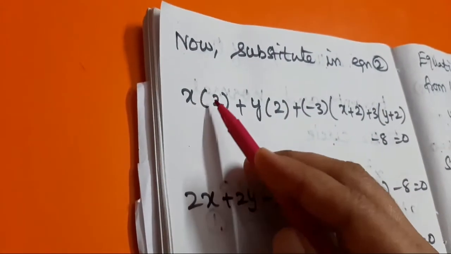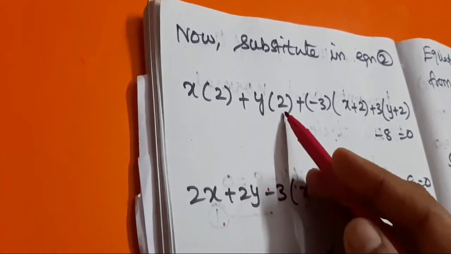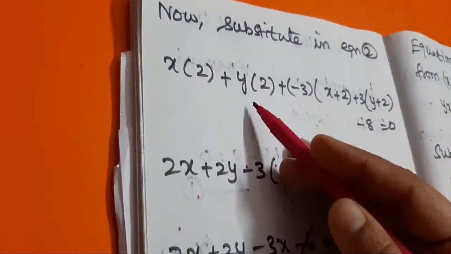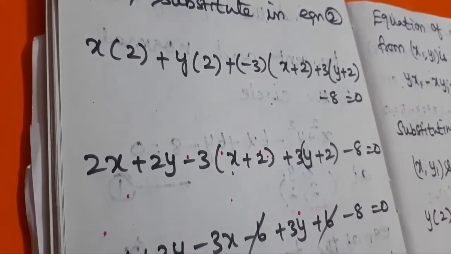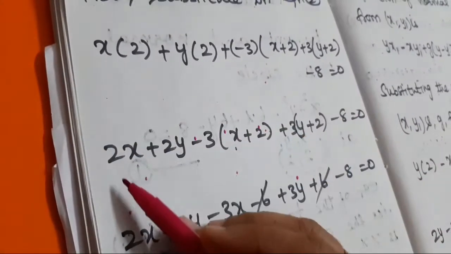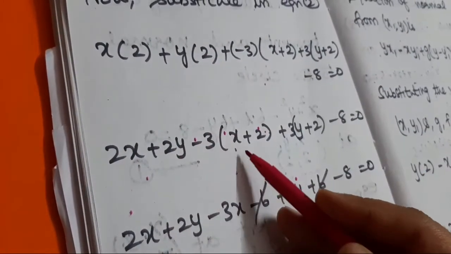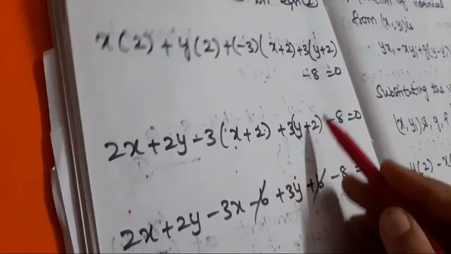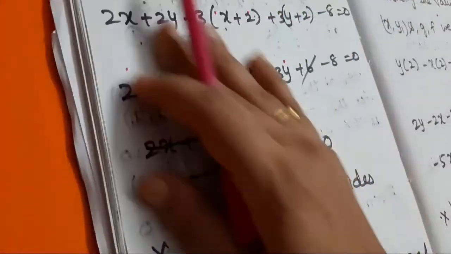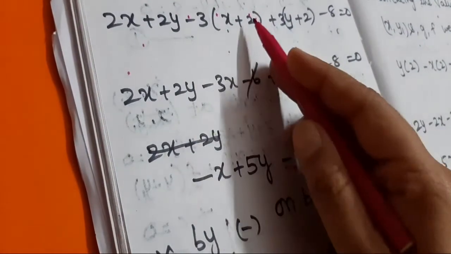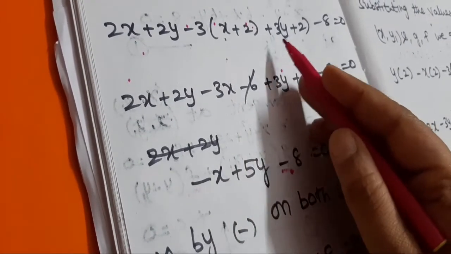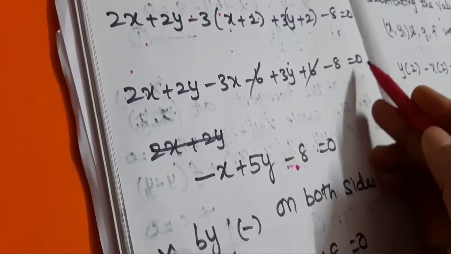So simply I want to substitute in this formula: x into x1 plus y into y1 minus 3 into x plus 2 plus 3 into y plus 2 minus 8 is equal to 0. 2 into x is 2x, plus 2y, minus 3 into x plus 2, plus 3 into y plus 2, minus 8 is equal to 0. 2x plus 2y minus 3x minus 6 plus 3y plus 6 minus 8 is equal to 0.